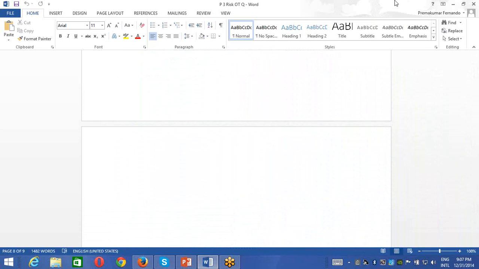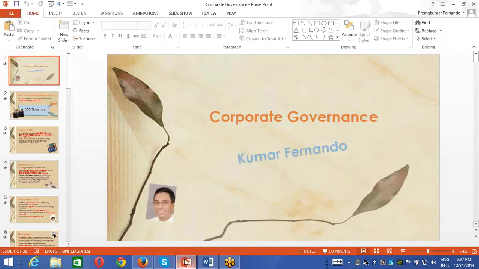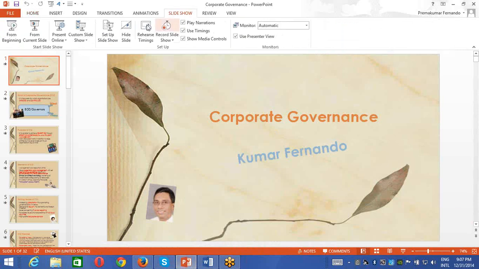So to achieve the objectives, what you need is basically a board of directors who are going to direct a company. They are called the directors, the people who are going to direct the company. They have to direct the strategy. They have to implement the strategy. And once they direct the strategy, next thing they have to do is control it.